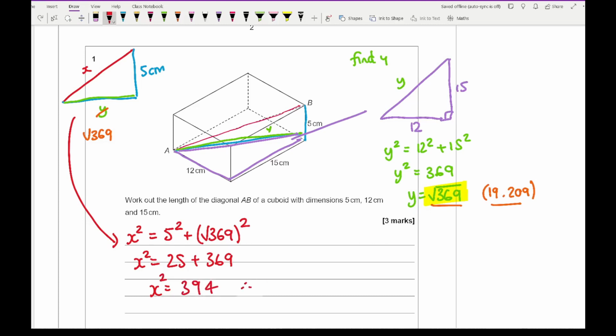So therefore x equals the square root of 394. That's the exact answer, or I can work that out, which gives me an answer of 19.8, and that's in centimetres to 1 decimal place.